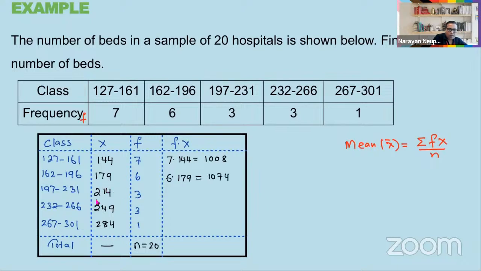Next one, we have 3 times 214, which is 642. Next one is 3 times 249, which is 747. And finally, we have 1 times 284. That is 284, right?